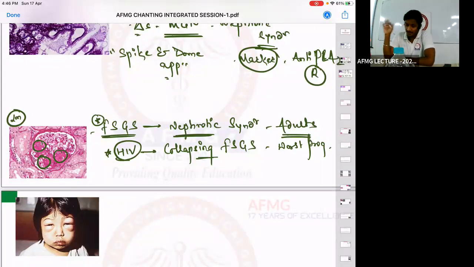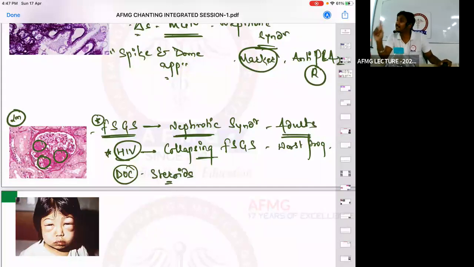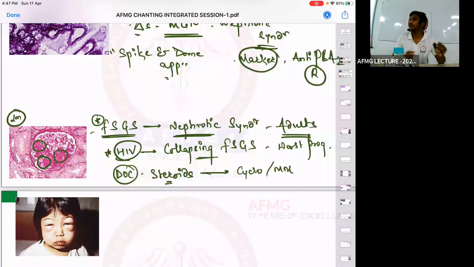Tell me the drug of choice for FSGS. The drug of choice for FSGS is steroid. If the patient is steroid resistant, then the drug of choice would be cyclophosphamide or mycophenolate mofetil.